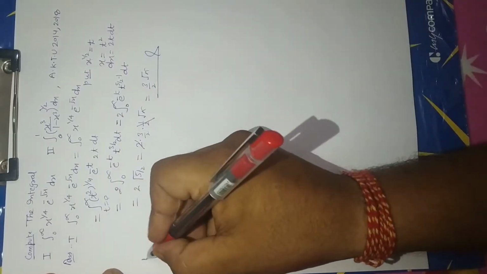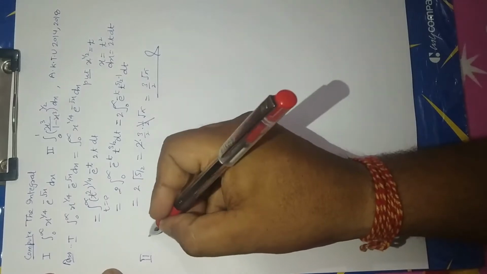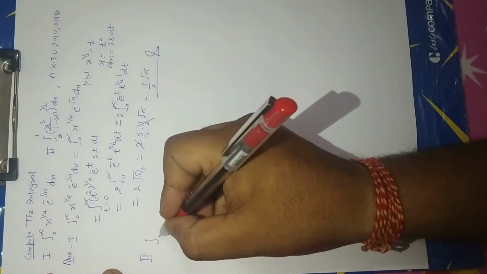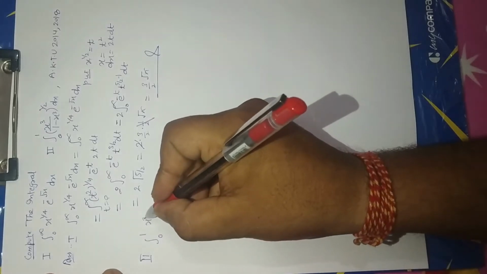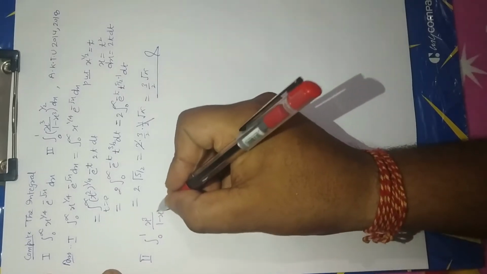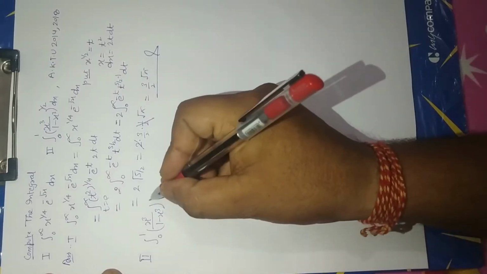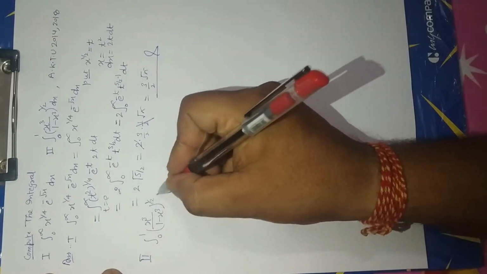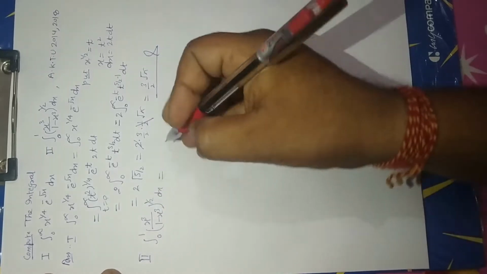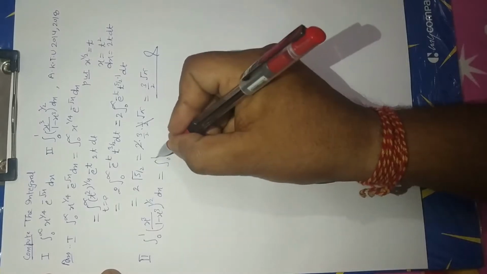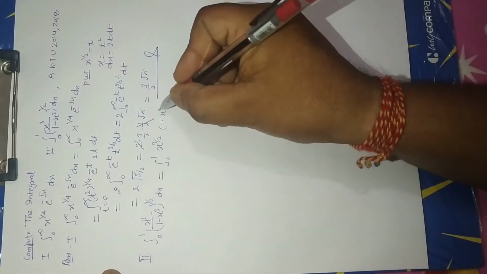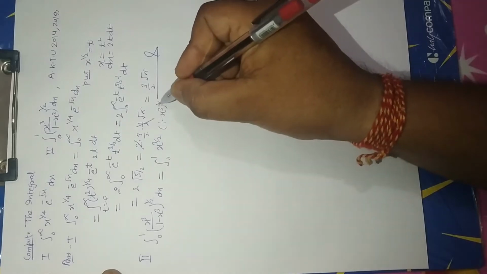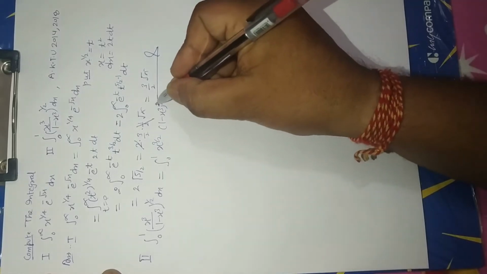Now second part: integral limit 0 to 1 x to the power 3 (1 minus x cube) whole power 1 upon 2 dx equals integral limit 0 to 1 x to the power 3 by 2 (1 minus x cube) whole power 1 upon 2 dx.